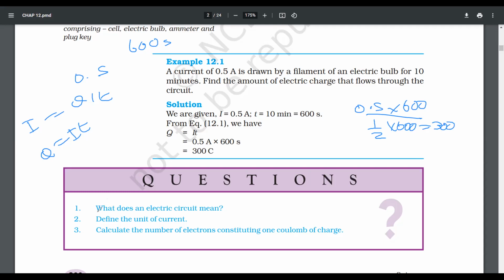Now, these in-text questions, I'd like to hear. Okay, so I'll ask you maybe one, and then I'll explain the other two. So what does electric circuit mean? This is a very basic definition. I want to hear from you guys. What did you guys understand from electric circuit?